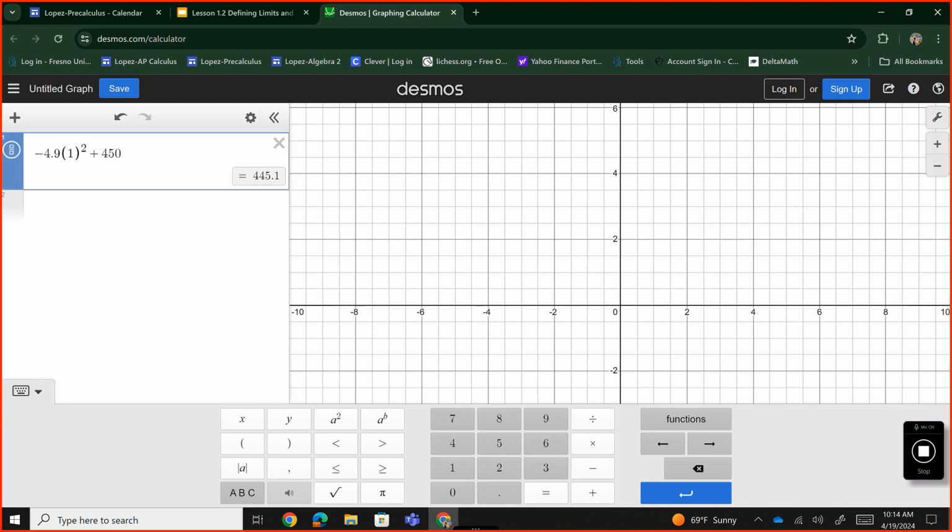So at time equal to 2 is 430.4. Okay, yeah, this is the way to do it. At time equal to 3, 405.9.